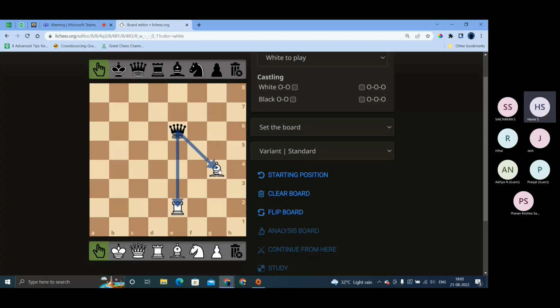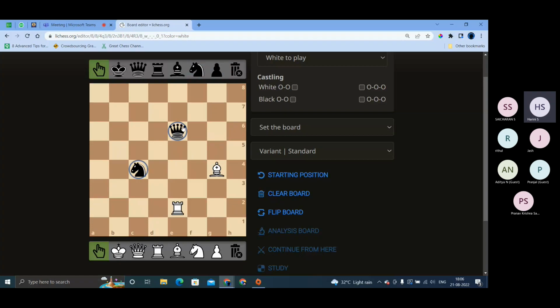Got clear with what is control. So empty squares on its way, the piece controls it. If there is an opponent's piece, it attacks. But if there is an own piece on its way, say for example this is the position, and here is the black knight, this is the black queen, and if we were playing black, these two are our own pieces, own color.